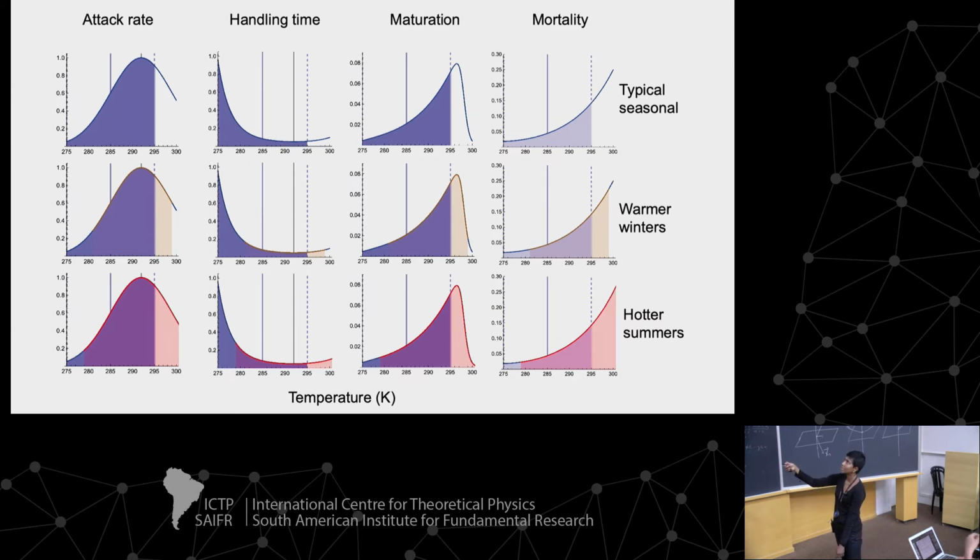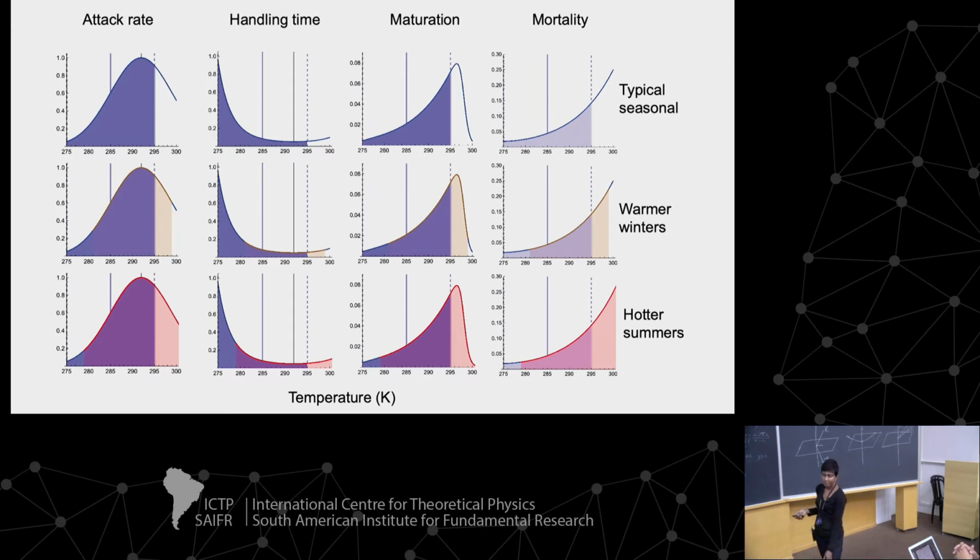The purple here denotes the temperature range that the species experiences under its typical seasonal variation. Okay? The second row and third row are for warming. The second row gives you the warmer winter scenario. The bottom row gives you the hotter summer scenario.